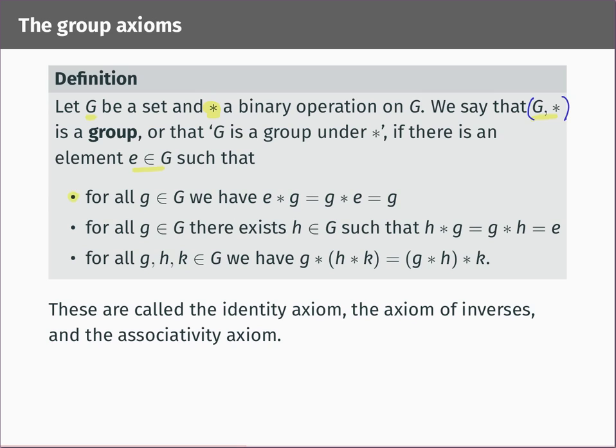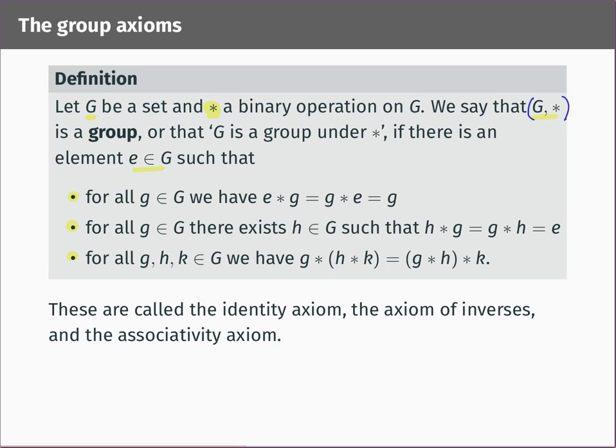So the first group axiom, called the axiom of the identity, or the identity axiom, is that for every g in G, we have E star g and g star E is equal to g. The second axiom, which is called the axiom of inverses, or the inverse axiom, says that for every little g in big G, there exists an h in G, such that h star g and g star h are both equal to this special element E. So that is the same element E as we were talking about in the identity axiom.